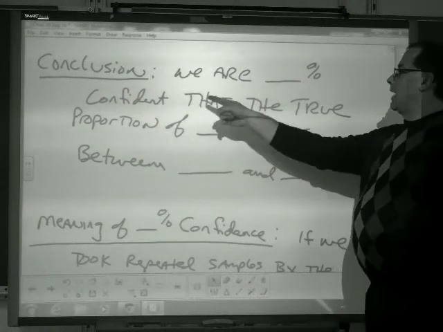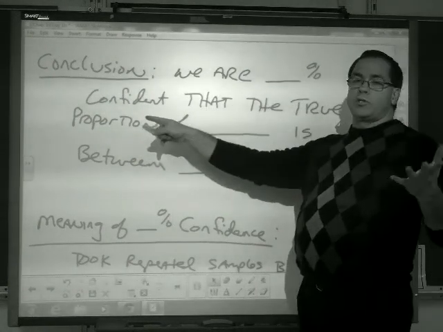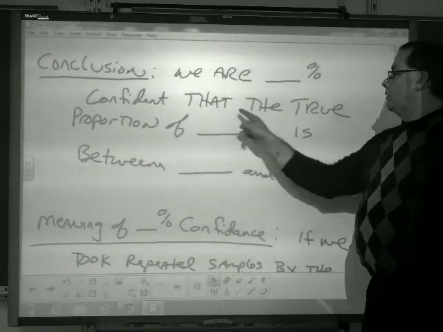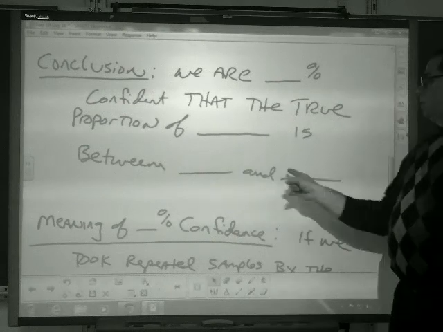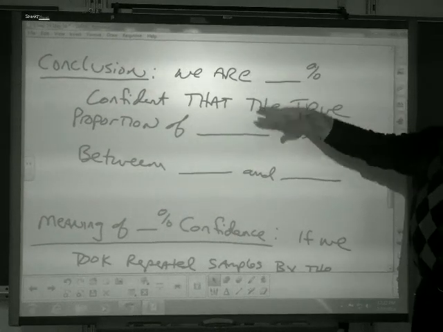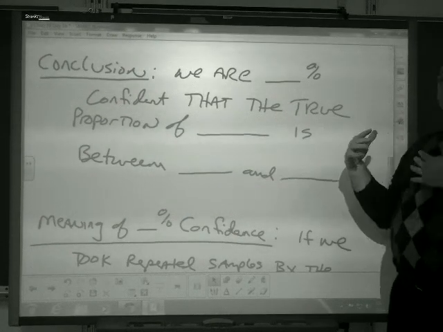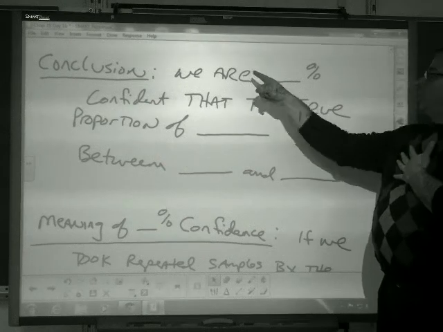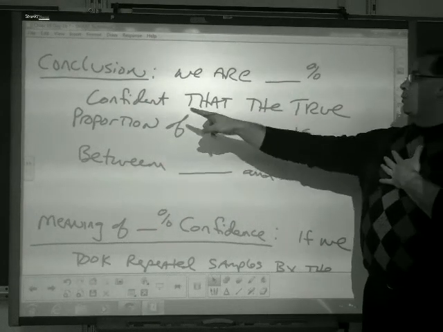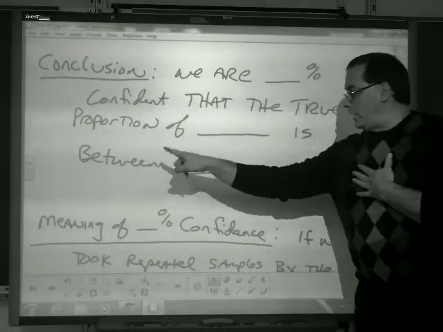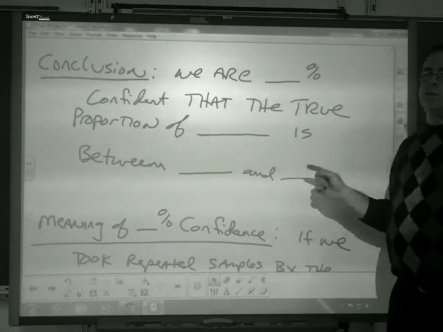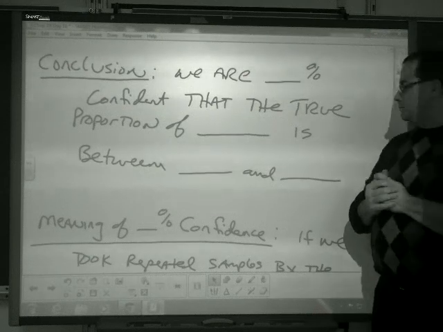Confident that the true proportion or true percentage of what we were trying to measure is between blank and blank. So we fill in the blanks. For our penny question in class, we said we are 95% confident that the true proportion or true percentage of pennies from the 1990s is between, like, 10 and 35%, something like that.